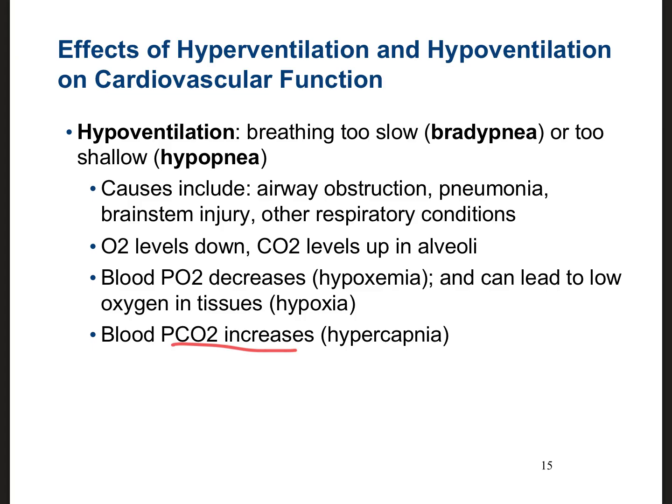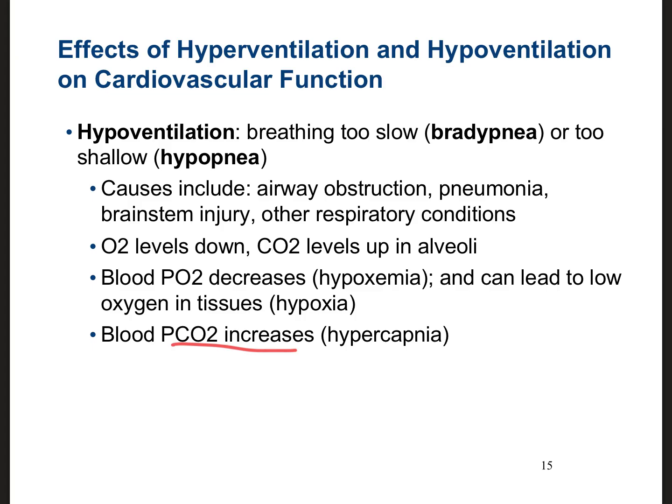That's hypercapnia, and the low levels of oxygen in the blood. That means that oxygen is not going to be delivered to tissues. Then you end up with what's called a hypoxic condition.